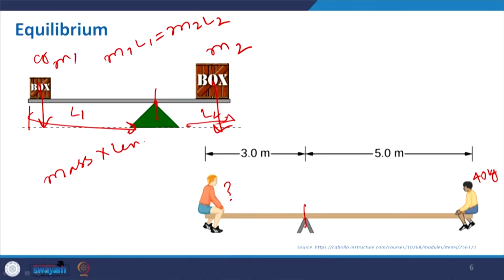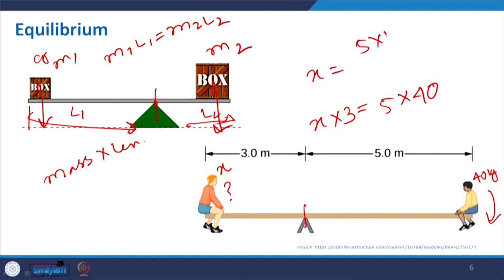So, how to do it? The moment created in this is basically 5 into 40, and here we do not know, we just assume it to be x, then x into 3. So, x will be basically 5 into 40 divided by 3.